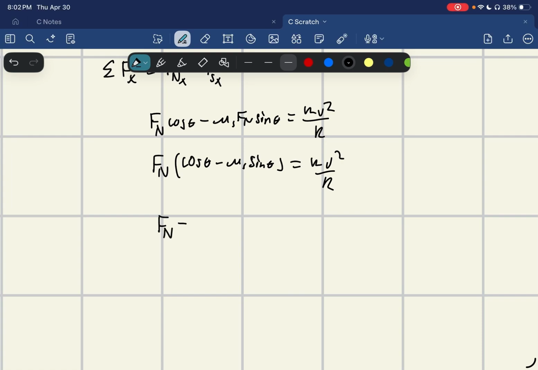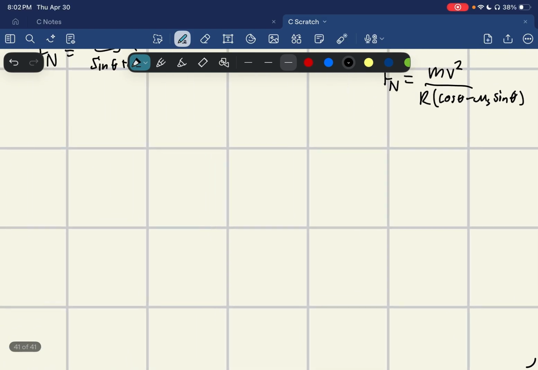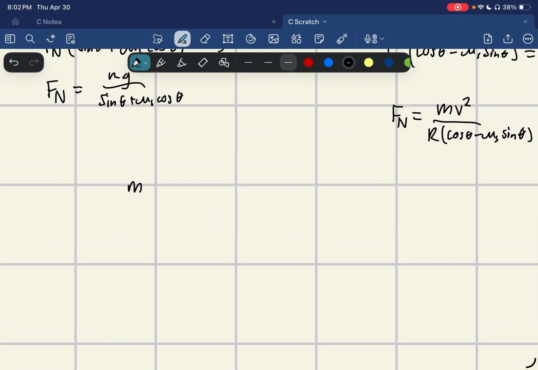So Fn is equal to mv squared all over r times cosine theta minus mu s sine theta, and then equating the two Fn equations again. So mg all over sine theta plus mu s cosine theta is equal to mv squared all over r times cosine theta minus mu s sine theta.